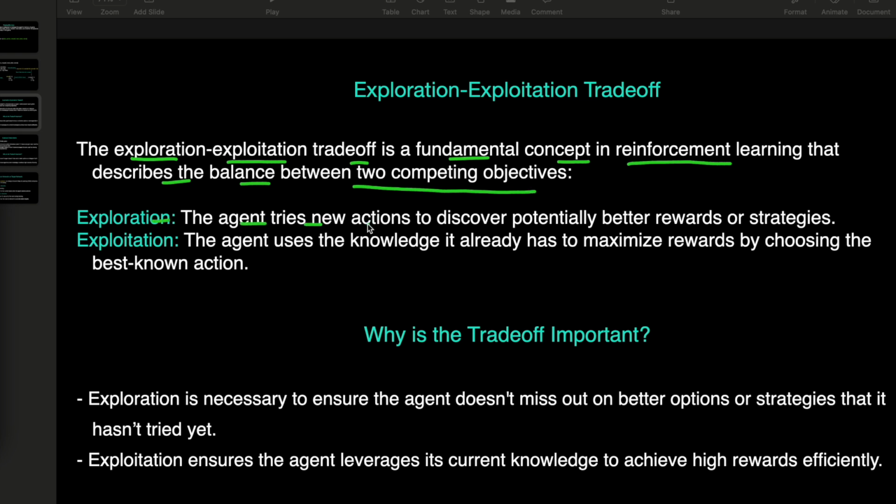Exploration: the agent tries new actions to discover potentially better rewards or strategies. And exploitation: the agent uses the knowledge it already has to maximize reward by choosing the best known action. Why is this trade-off important? Exploration is necessary to ensure that the agent doesn't miss out on a better option or strategy that it hasn't tried yet. And exploitation ensures that the agent leverages its current knowledge to achieve high rewards efficiently.